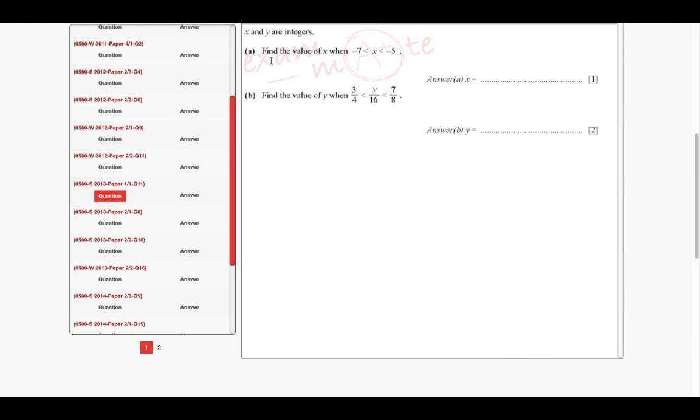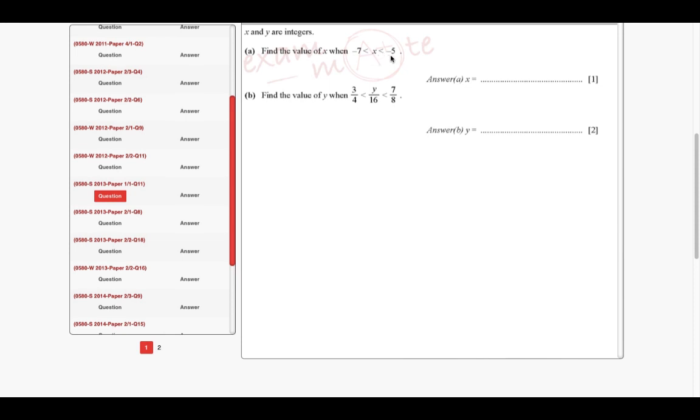Find the value of x when negative 7 is less than x and x is less than negative 5. Then in that case, it will be negative 6.